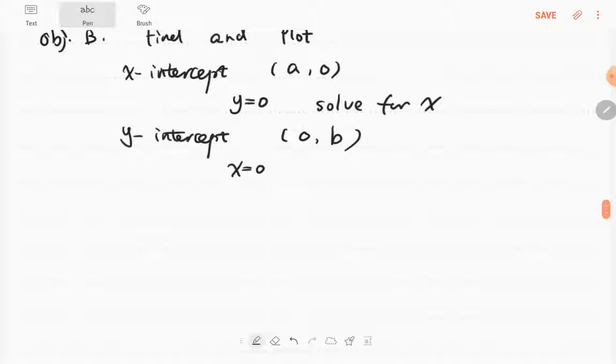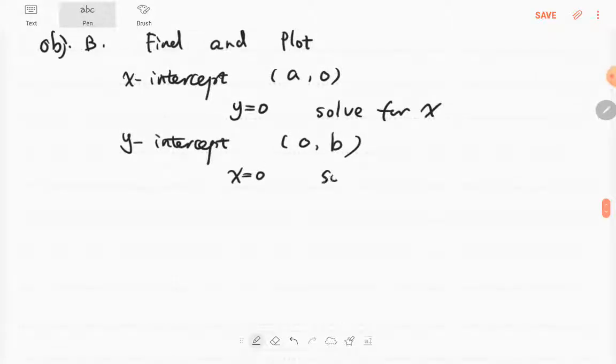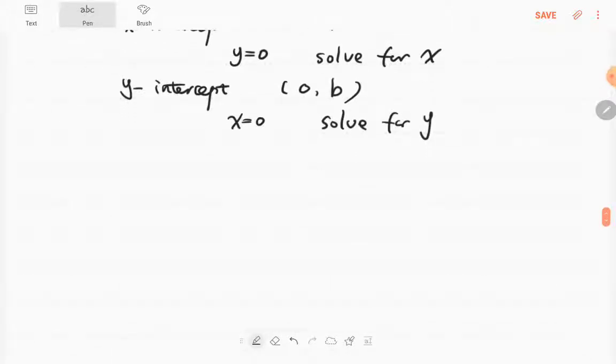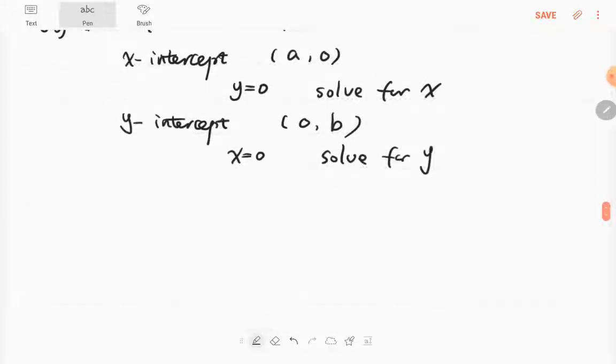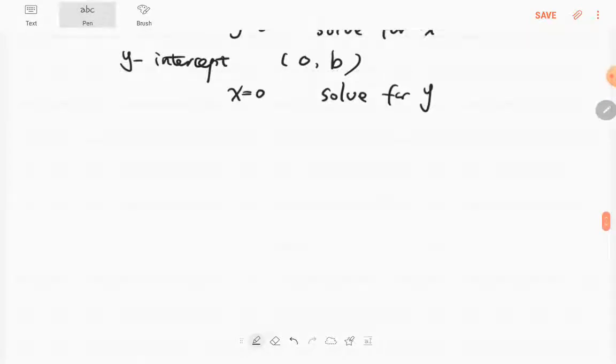So we just set x equal to 0, then solve for y. We only need to figure out the y value, because for the y-intercept, we know x is automatically 0. So this is the rule: x-intercept, y equals 0; y-intercept, x equals 0. Let's check an example.